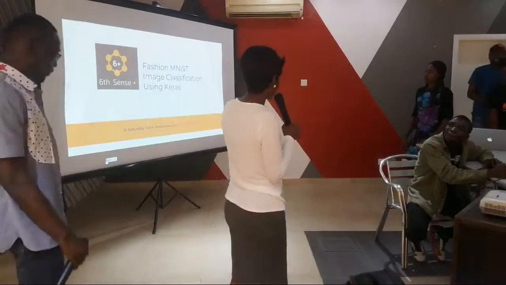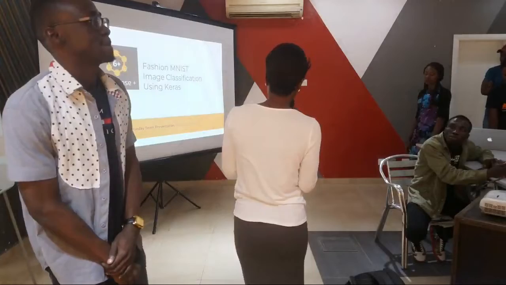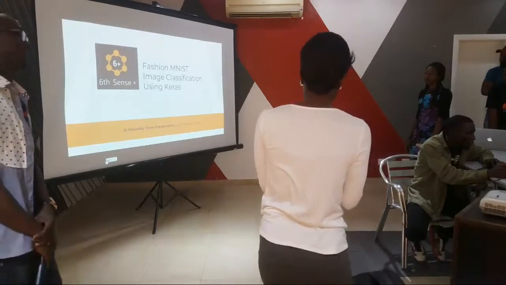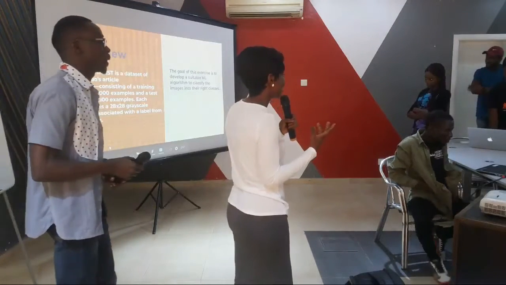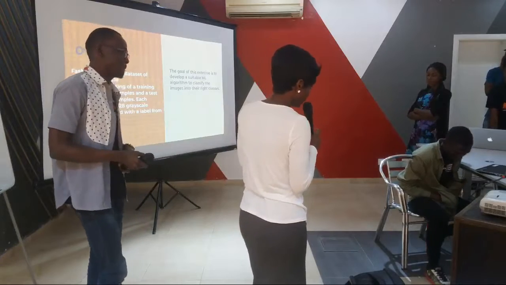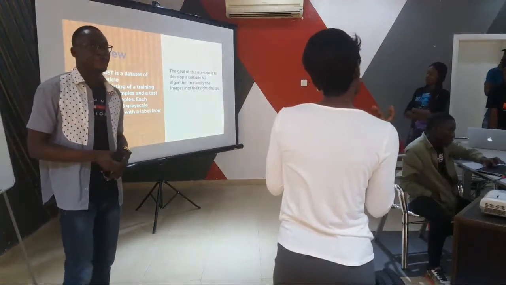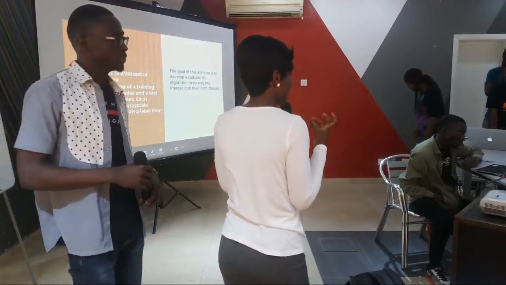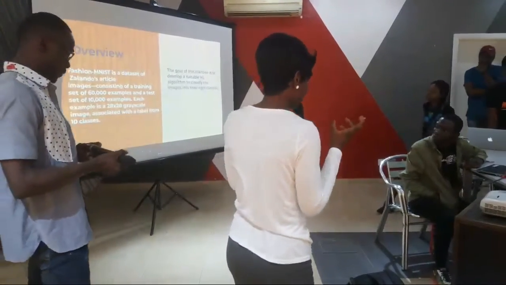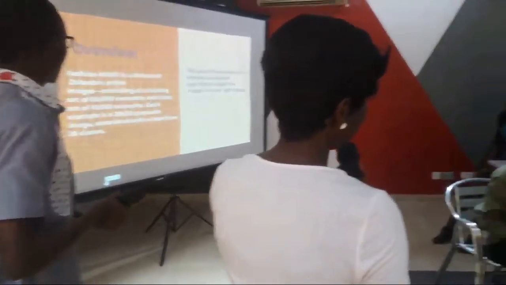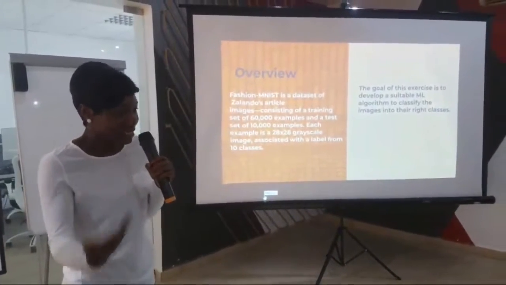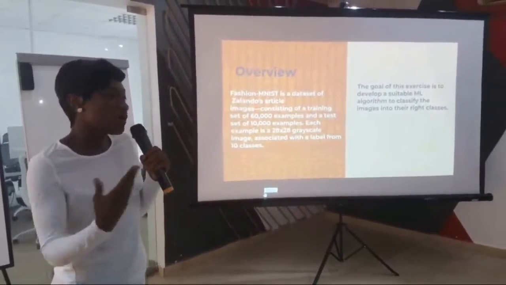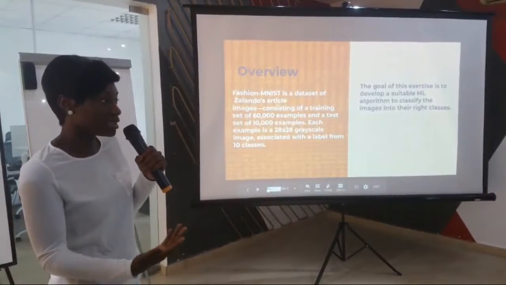What does MNIST mean? MNIST is the Modified National Institute of Standards and Technology database. MNIST consists of 60,000 training data sets and 10,000 test sets. These are images, in 28 by 28 pixels. MNIST consists of handwritten digits. Fashion MNIST is a direct replacement for MNIST, and is more complex than the normal MNIST.